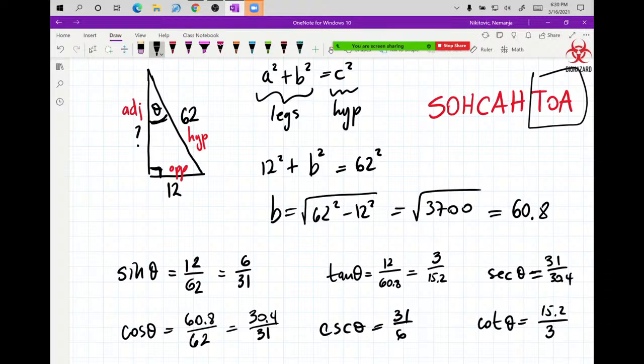And there you have it. All 6 trigonometric expressions written for this triangle. So if you like SOHCAHTOA, you are welcome to use it as you go around the triangle.